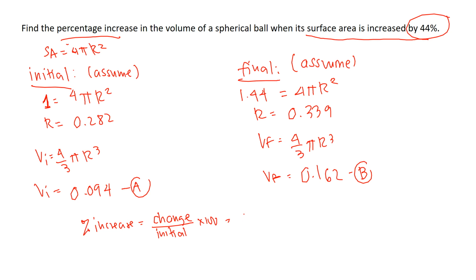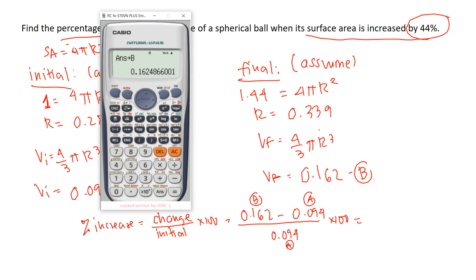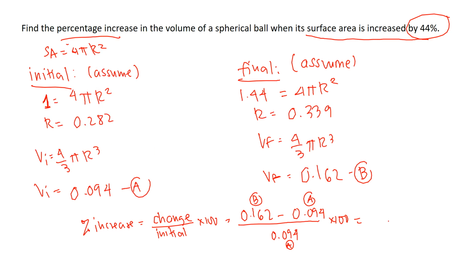Your final volume is 0.162, which is B, and your initial volume is 0.094, which is in your shift store A. So that's B minus A over A, times 100. It is equal to 72.8%.